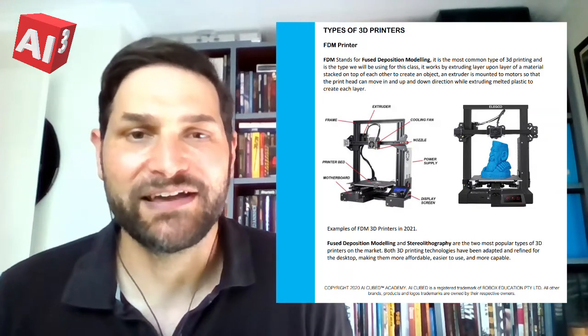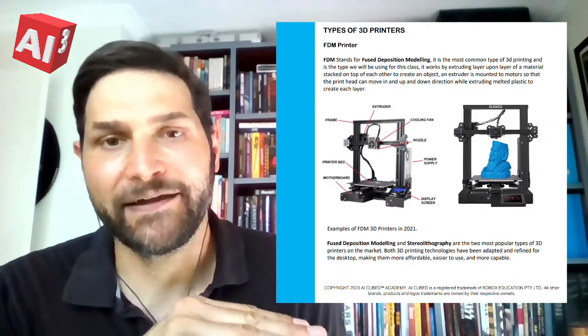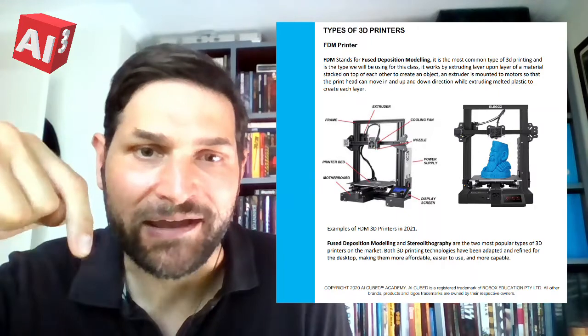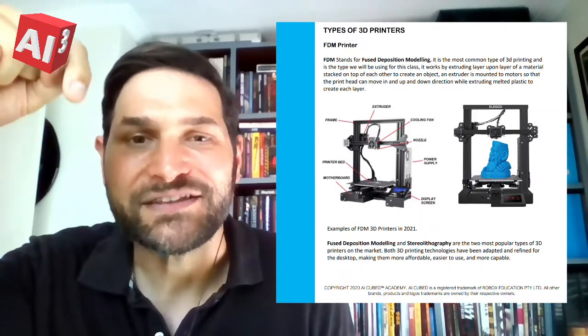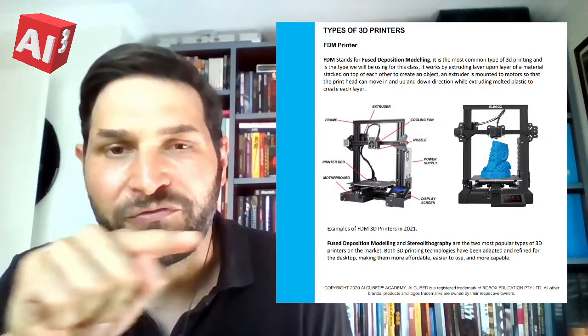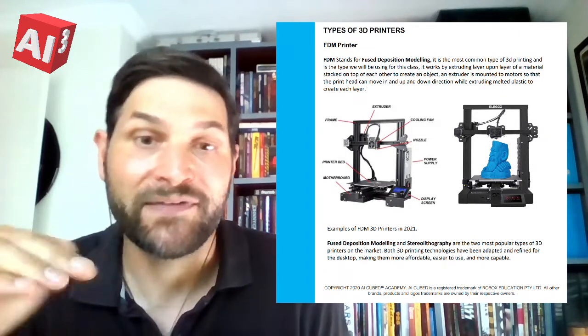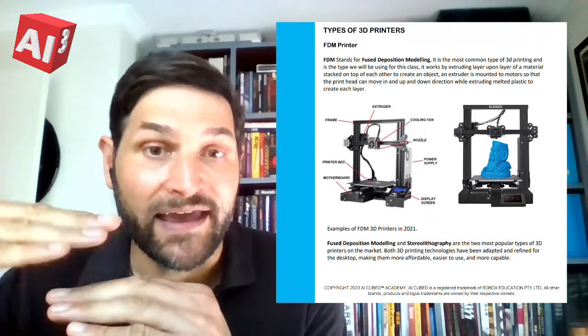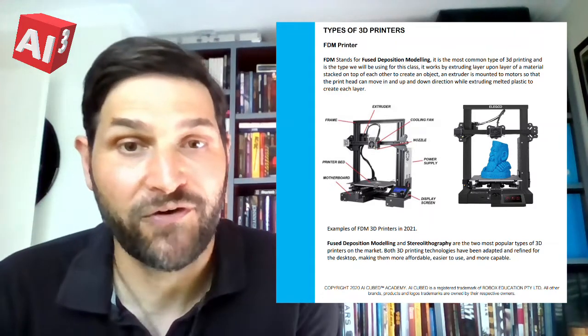Basically, what the printer does is print layer upon layer by extruding, or just kind of heating up and squeezing out the plastic filament, which is the material, and it will print a very fine layer, and then print another layer and another layer, and it keeps building up until you have a final model.